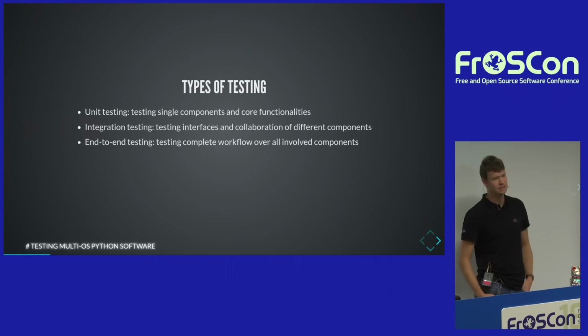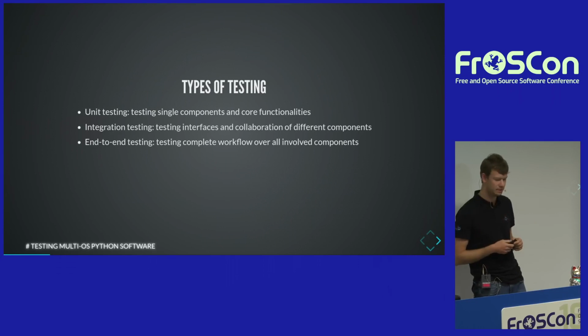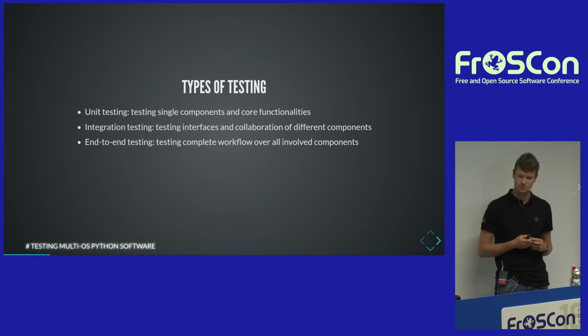Then there's integration testing, which can be considered as the next level of testing, where you have multiple elements of your application and you try to test them against each other. So you check the interfaces between them and whether they collaborate in a way you want them to collaborate.